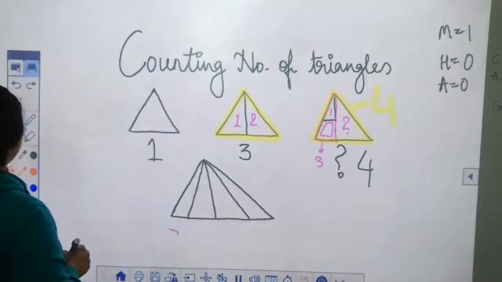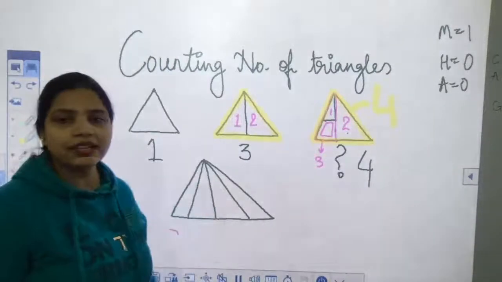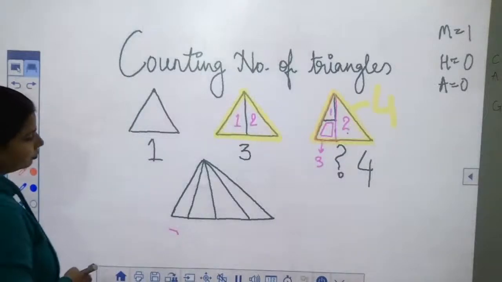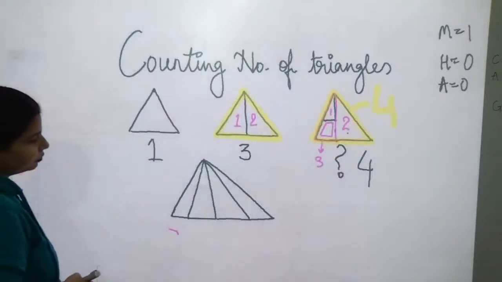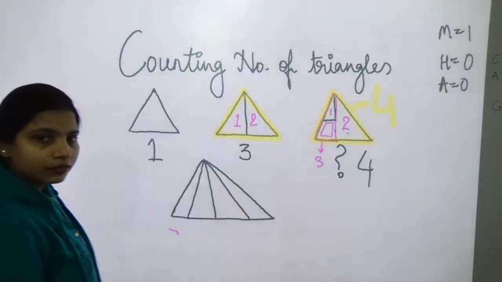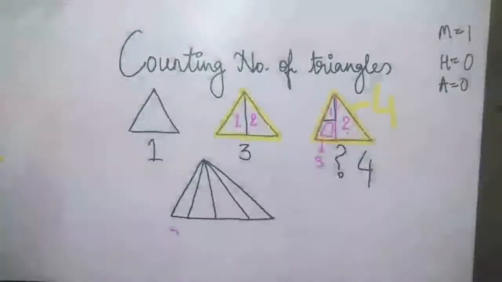Now can you tell me how many triangles are hidden there, or the total number of triangles here in this shape? Try, students. I'm standing aside. Try to answer. Mannat, Adhyan, Hemlata, try to answer.